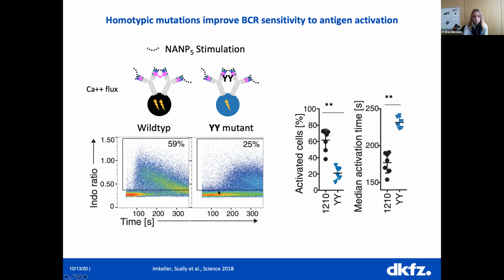And Katharina could also quantify these measurements. And she found that the frequency of activated cells was reduced, and also the median activation time was much longer for the mutation that could not engage into these homotypic Fab-Fab interactions.